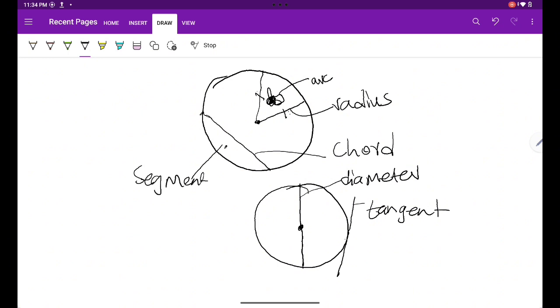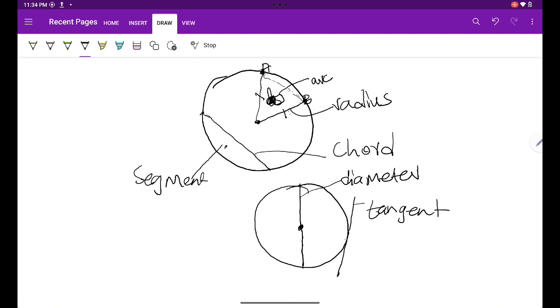Right, now a chord and an arc might have two different meanings, but they might mean the same thing. For example, if I put A here and B there, I'm looking at this as an arc. But if I draw a line from A to B, I will refer to this line as arc AB. That is why in most cases we will use arc and chord interchangeably.